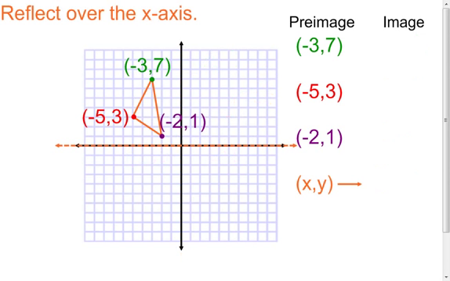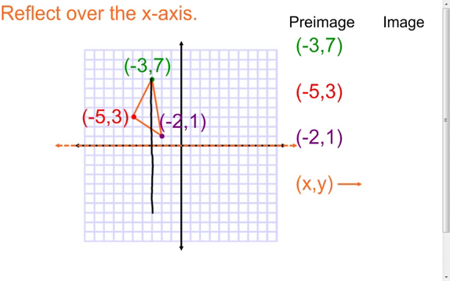Now if I go over and look at the x-axis, nothing really changes as far as the definition of a reflection. We still are going to have to flip it over. Now this time it's going to be the x-axis, but now my segment that I make is going to be a vertical one because it has to be perpendicular to the horizontal line of reflection in this case.